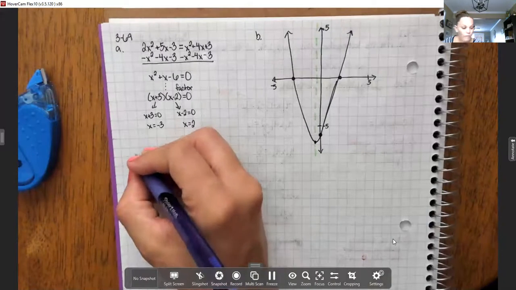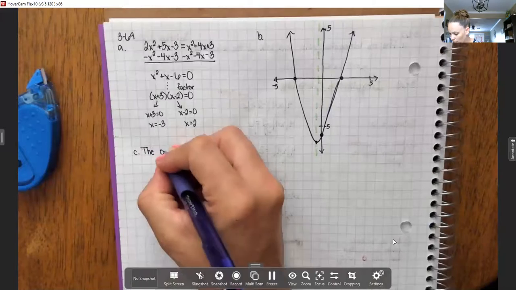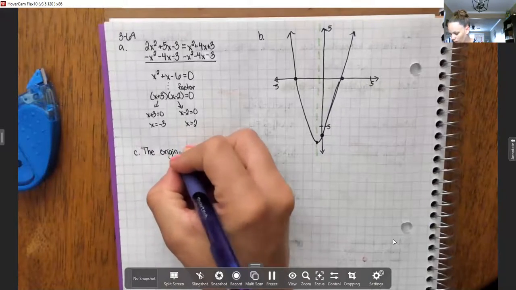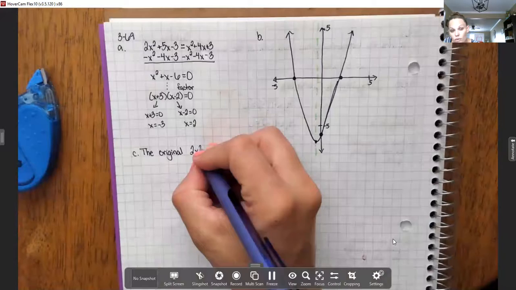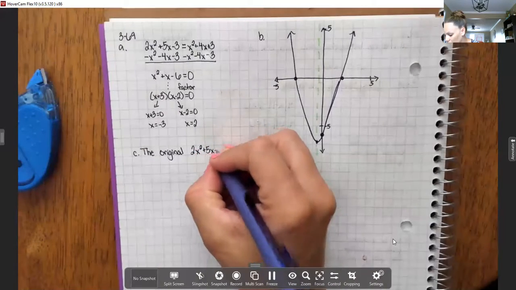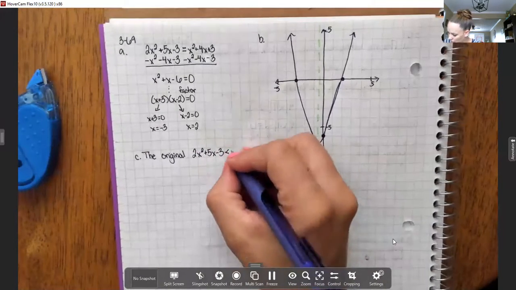So for part C, the original problem, I'm sorry, I'm trying to go back and forth from the book, was 2x squared plus 5x minus 3 is less than.